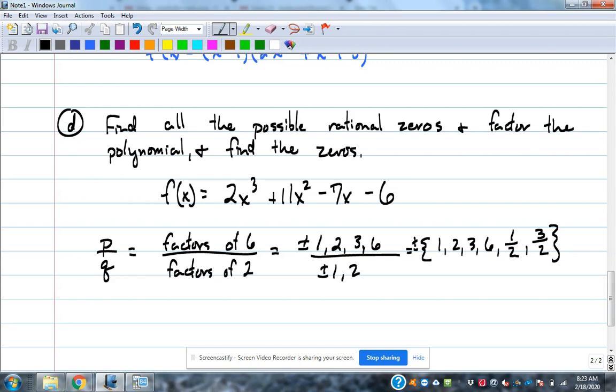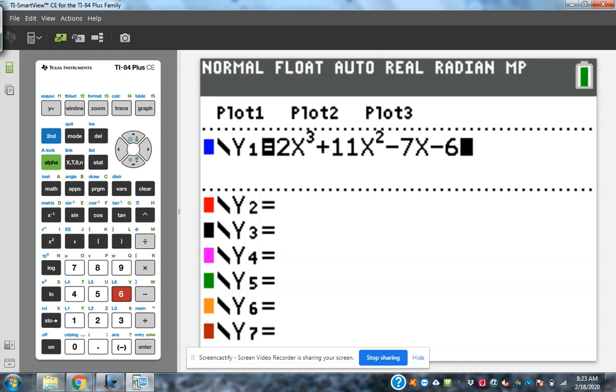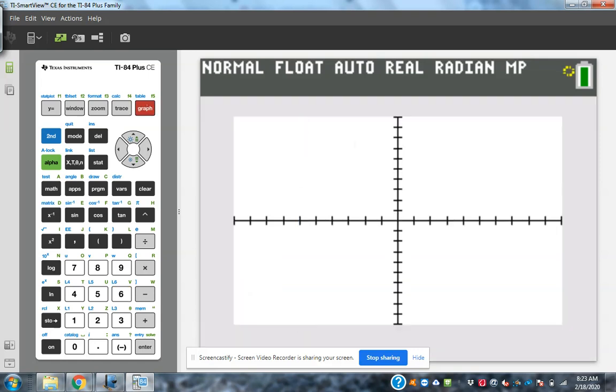Okay, so with the graphing calculator, what you would do next would be graph that polynomial. So we're going to graph 2x to the third plus 11x squared minus 7x minus 6. And if I'm looking for zeros, what am I looking for on the graph? The x-axis, where it's hitting the x-axis.